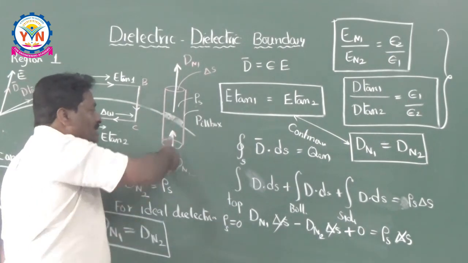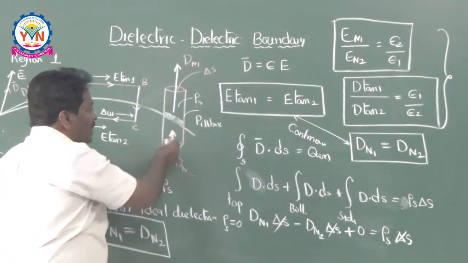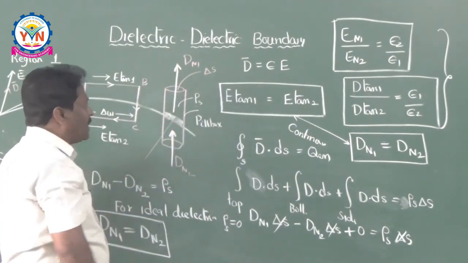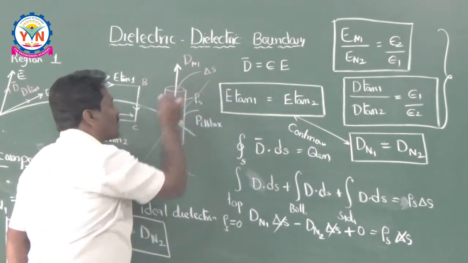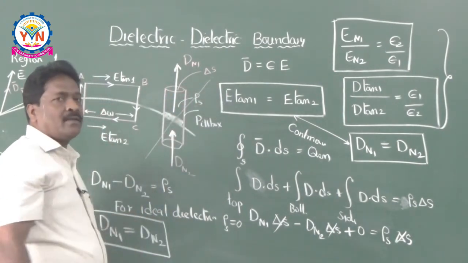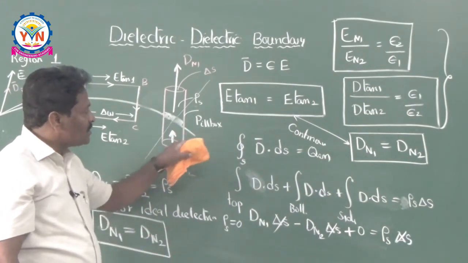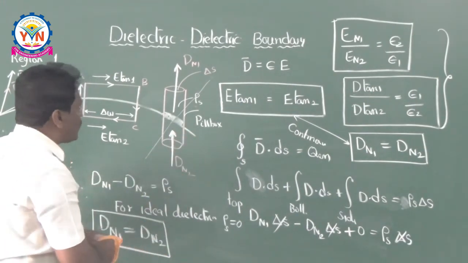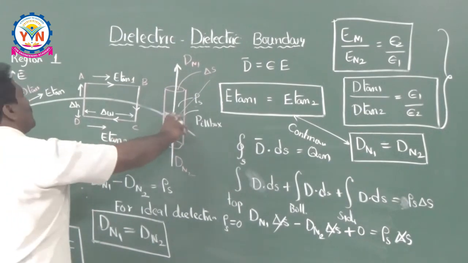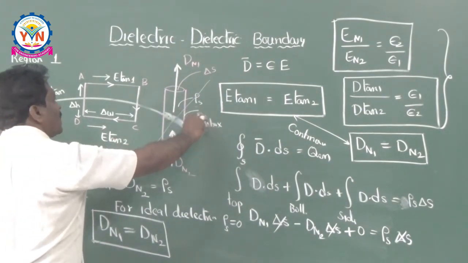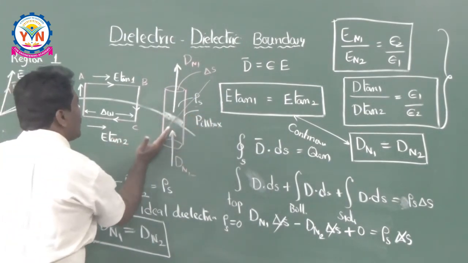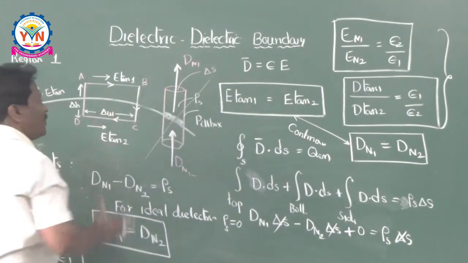It may not come in the straight way, it may come at an angle and it may leave at an angle also, depending on the properties of the medium. So that also we will cover now: the entire discussion of tangential and normal components whenever they make an angle theta with the boundary.